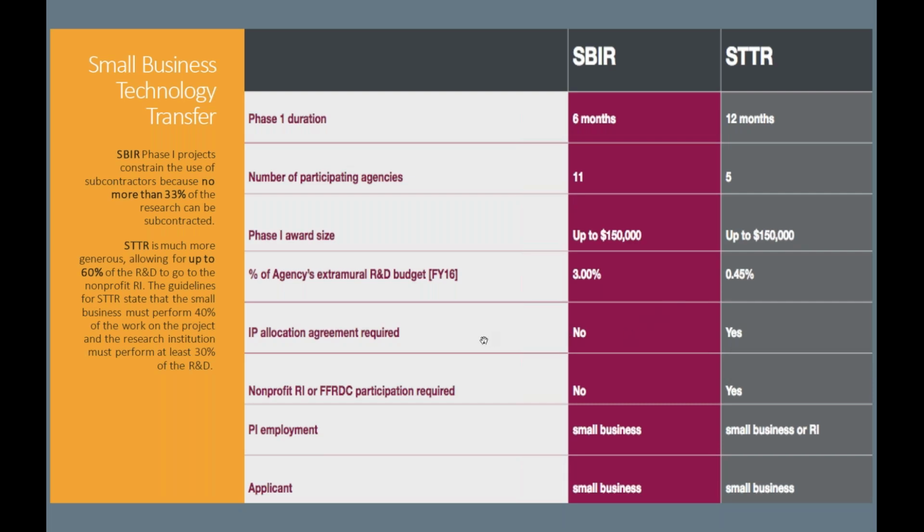So that's a difference there. There's less fuzziness if it's the small business applying, receiving these funds, and doing a lot of the work. Great. That makes it very clear that the small business owns whatever intellectual property is generated from this project.